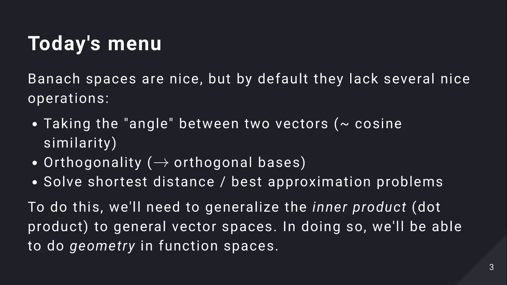Another very useful application is if we try to solve some kind of shortest distance or best approximation problem. For example, if you have some kind of surface, some kind of manifold in your space, and you have a point outside it, you want to find the closest point on my manifold to my point.